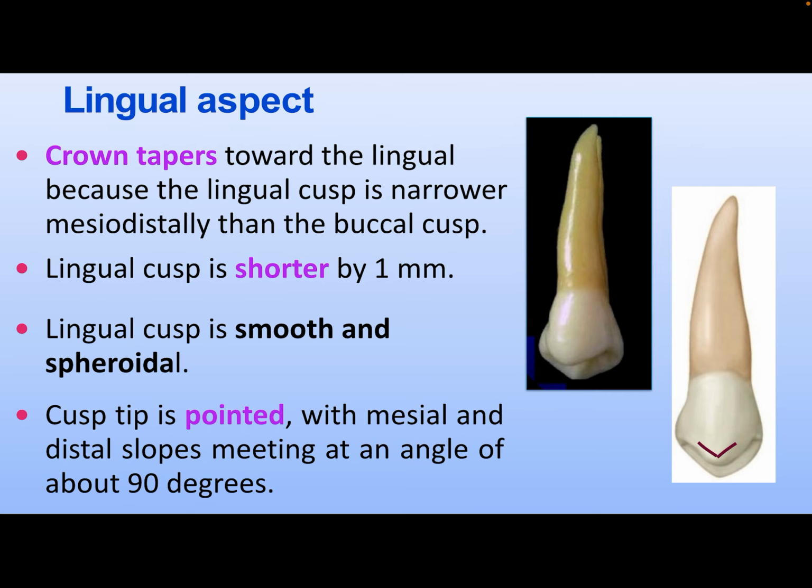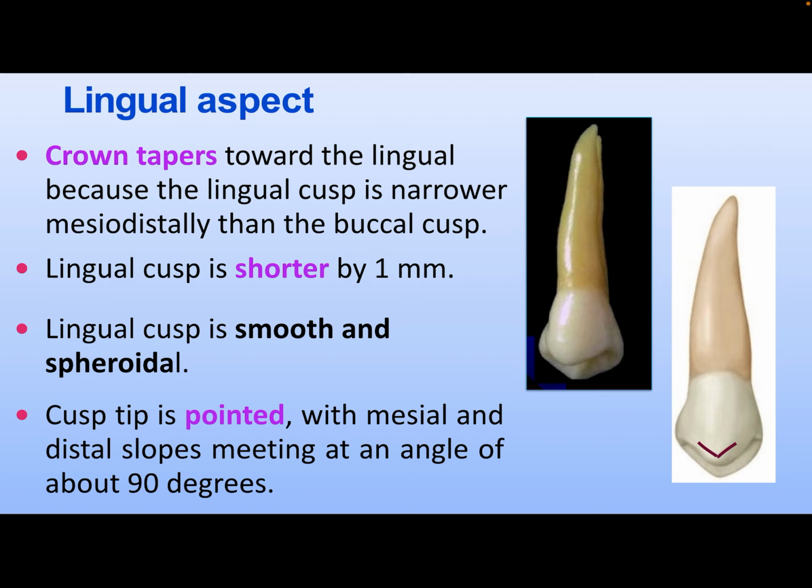Next aspect, the lingual. The crown tapers towards the lingual because the lingual cusp is narrower mesiodistally than the buccal cusp. This feature we have seen in the anterior teeth, the lingual convergence. Not that much lingual convergence can be seen for the posterior tooth; a slight lingual convergence can be felt. The mesiodistal dimension is a little shorter compared to the buccal cusp, and the lingual cusp is shorter by 1 mm in height.